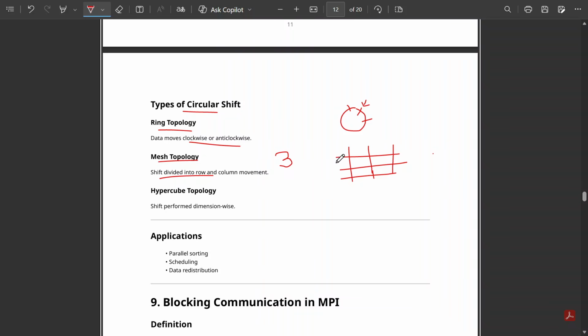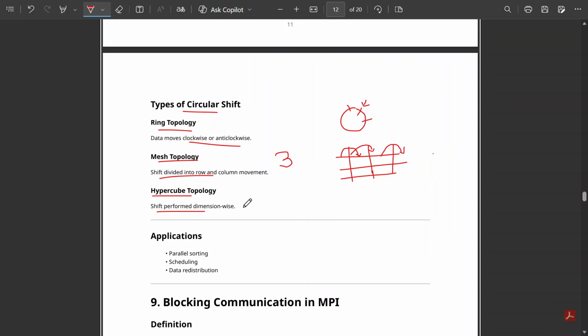First phase is the row shift, where the shift happens along rows, and next is the column shift. And the final phase is the final adjustment. And third and last is the hypercube topology, where the shift operation is performed dimension-wise.